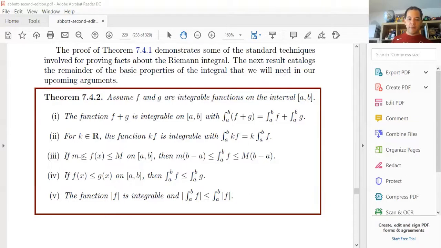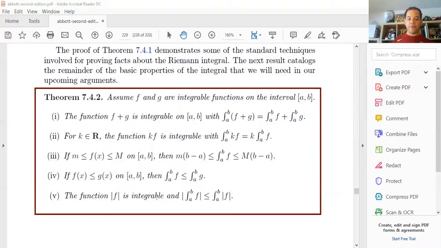If you have a bounded function between little m and capital M, then the integral will be bounded between little m times b minus a and big M times b minus a. This is also kind of easy if you think about it. From that one, you also can get that if you have a function that is smaller than another one, the integral preserves that inequality.